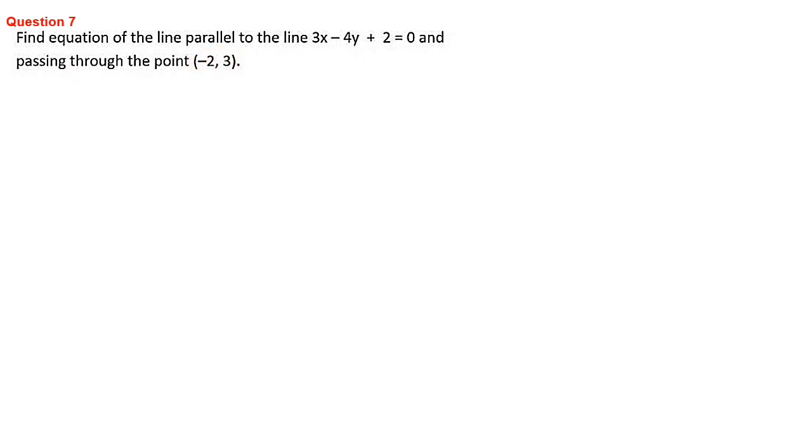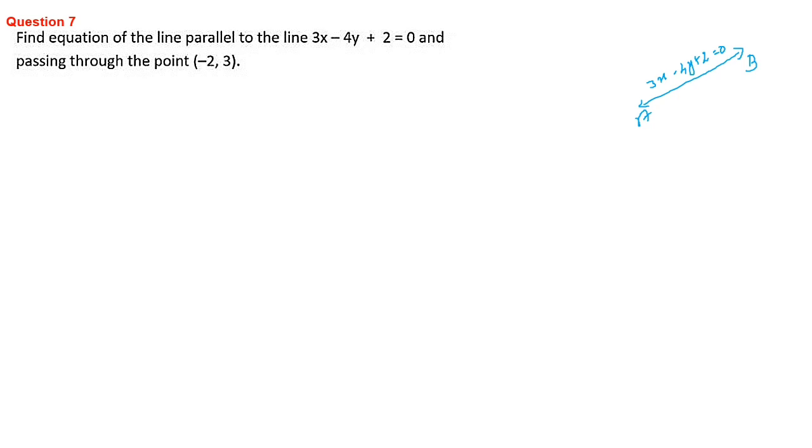So let's visualize this question. Consider a line, we can mark it as AB, and the AB equation we have been given as 3x minus 4y plus 2 is equal to 0. So this is the equation of the line.